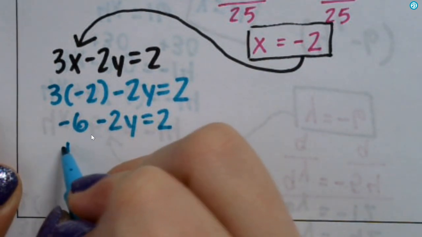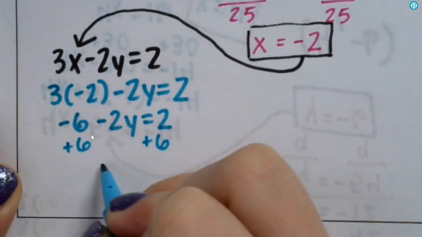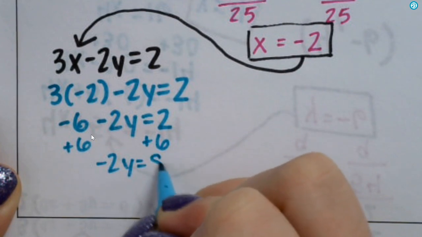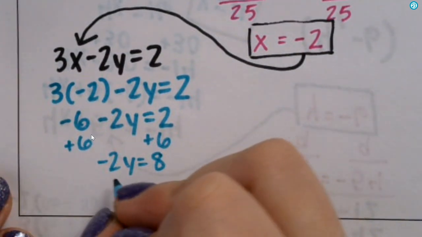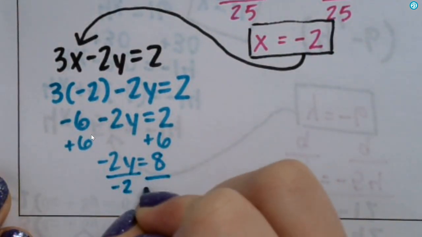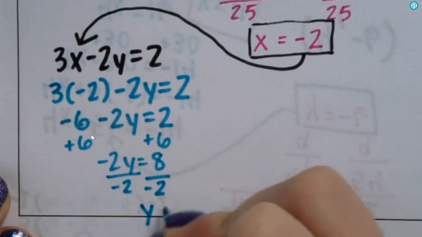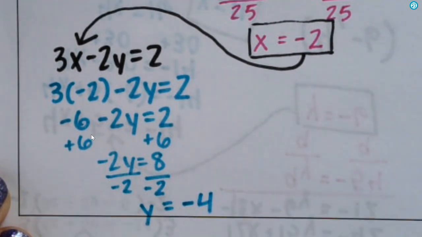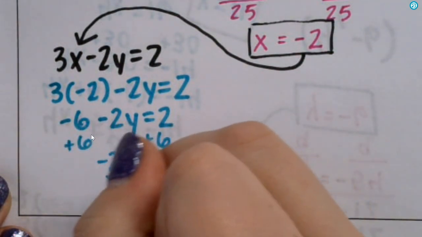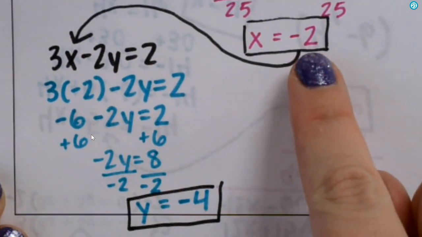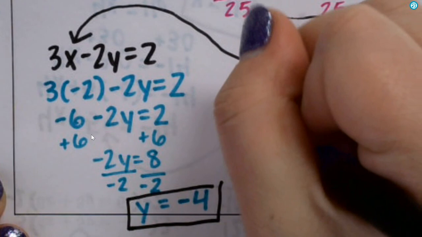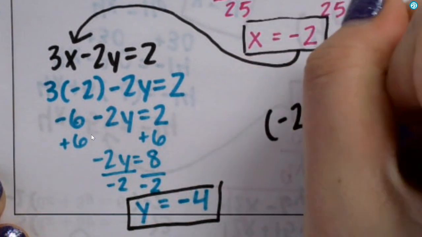And then from there, we add 6 to both sides. Negative 2y equals 8. And then we can divide both sides by negative 2. y equals negative 4. And then our answer gets written as an ordered pair. x comes first, so negative 2, negative 4.